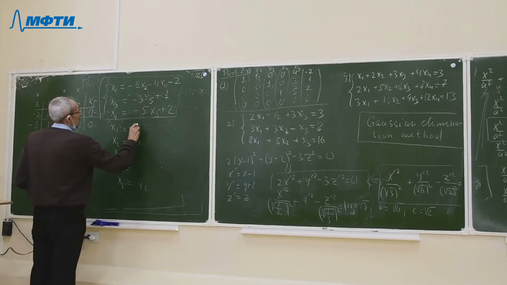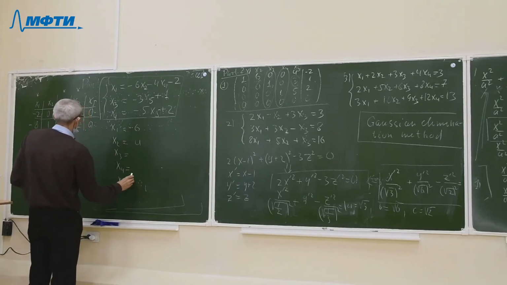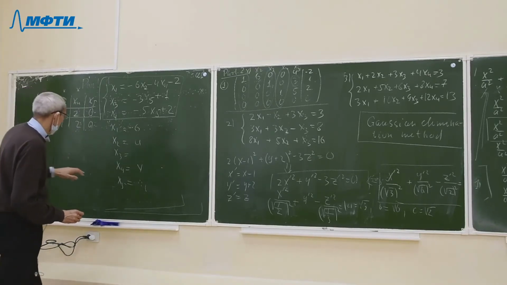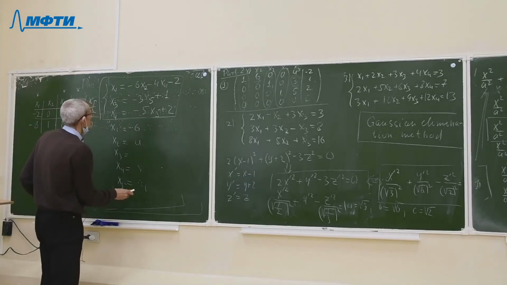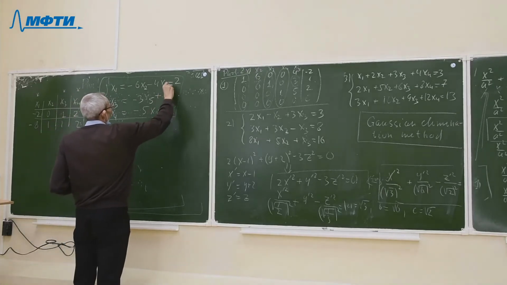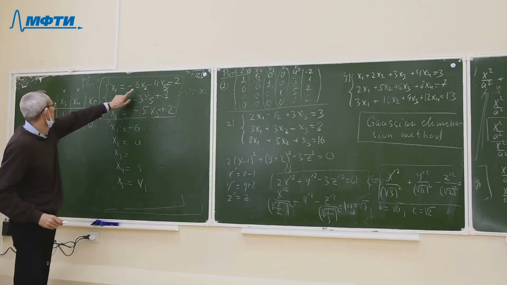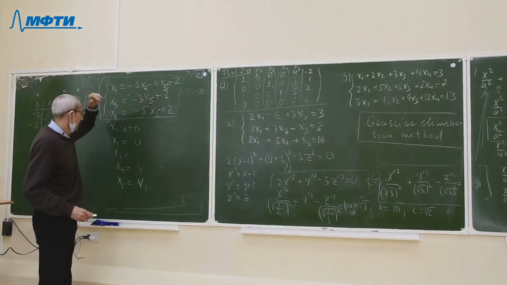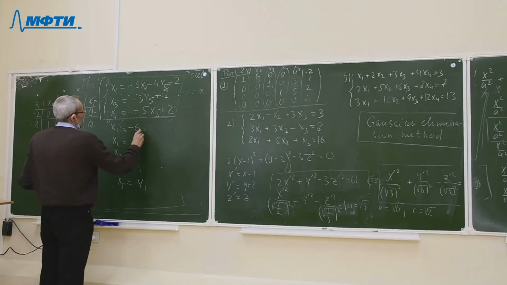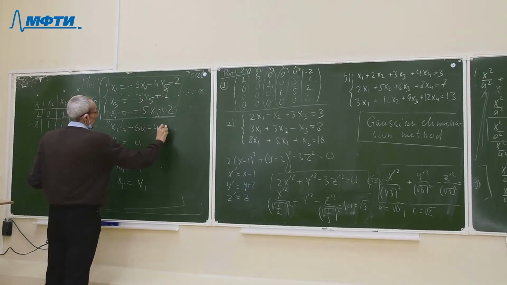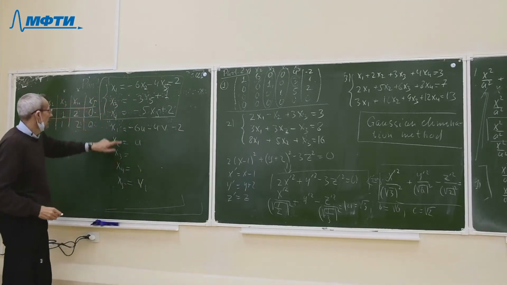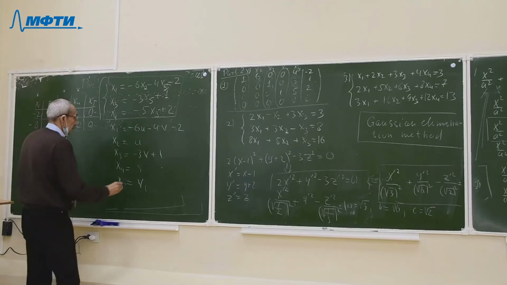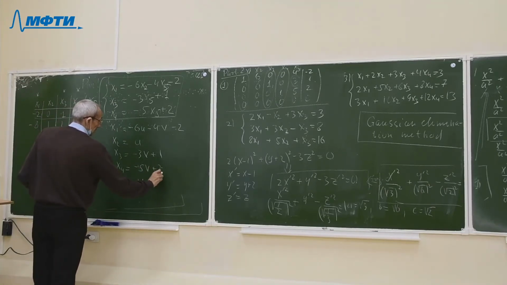x1 is equal, instead of minus 6x2 minus 4x5, minus 6u minus 4v minus 2. x3 is equal minus 3v plus 1. x4 is equal minus 5v plus 2.